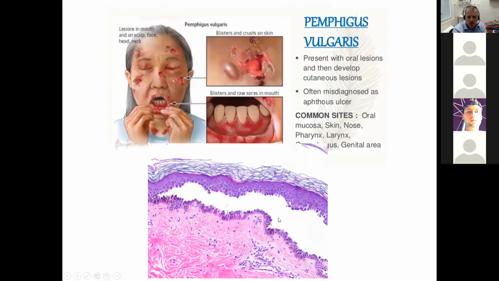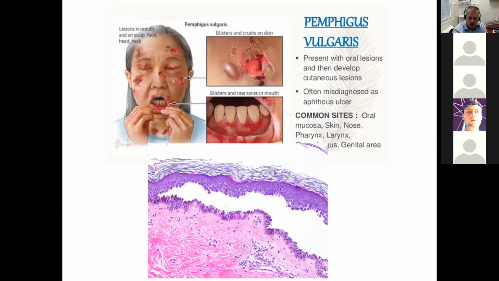They are filled with tissue fluid, and it's a painful condition that results in forming of ulcers. It could also affect the gingiva or the mucosa of the mouth cavity. Okay, and the condition is called pemphigus. You will hear about it in pathology later on.